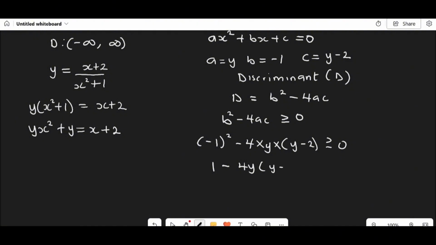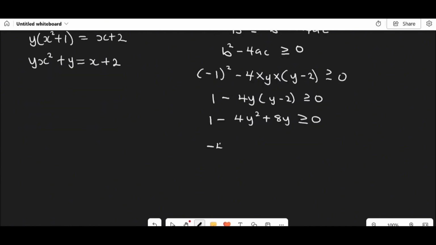If you clear the bracket, 1 minus 4y squared plus 8y is greater than or equal to 0. Minus 4y squared plus 8y plus 1 is greater than or equal to 0. Solve the inequality.